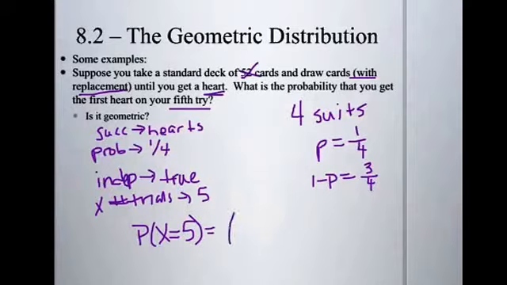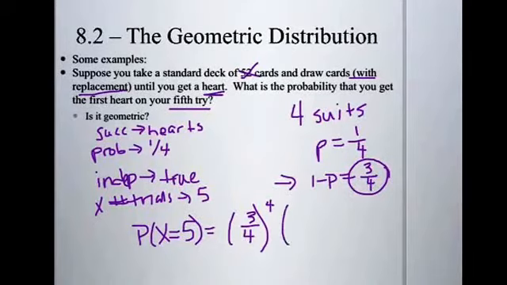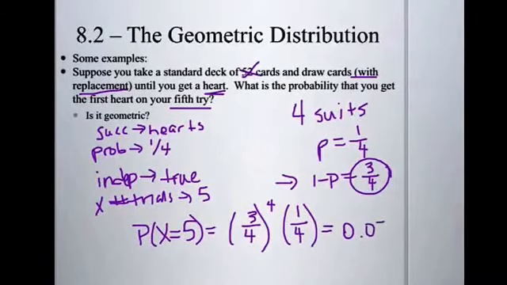I didn't get hearts 4 times. Not getting hearts is the probability of 1 minus p, or 3/4. And I didn't get hearts 4 times, and then my last time I finally did get hearts. And the probability for this is 0.079.